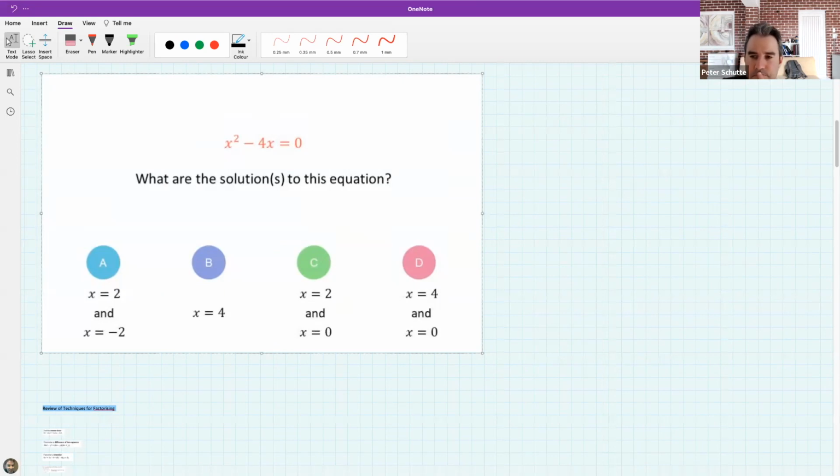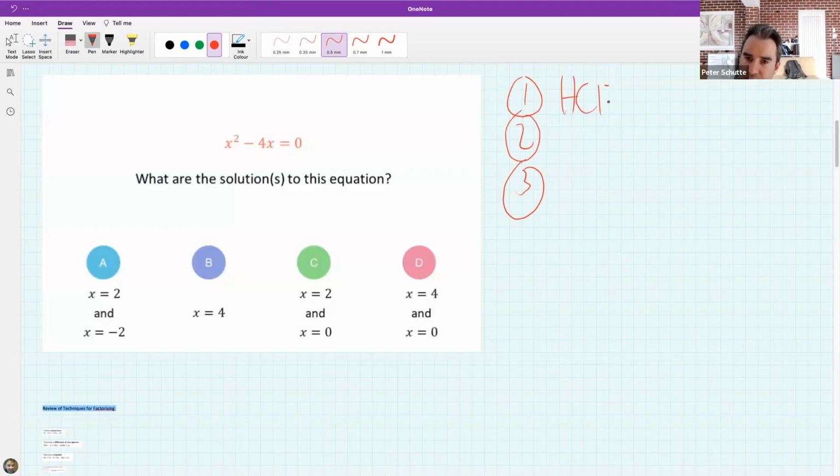Sir, hello. I think it's because it's the difference of 2 squares, so it'll be different. Okay, I'm with you because I'm remembering some factorizing techniques. There's highest common factor, difference of 2 squares, trinomial, and something called grouping.